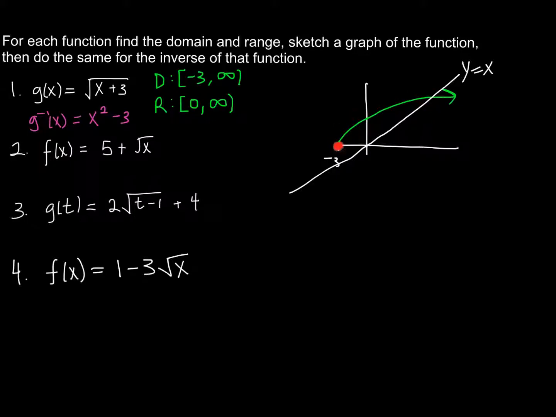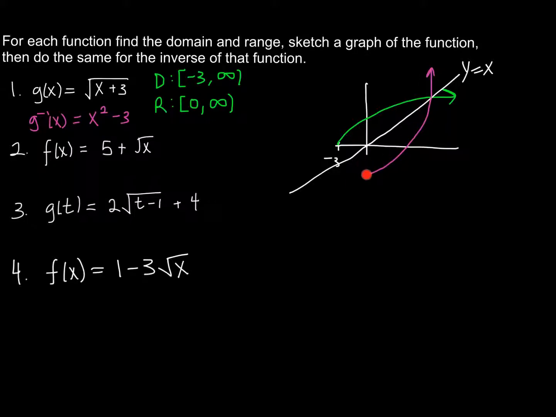So this point here is going to come down to this point here, -3 on the y-axis. And I can just sketch those out like that. And I can see here that this is very clearly going to be x squared minus 3. So a parabola translated down 3 units. I can see its parabolic shape.